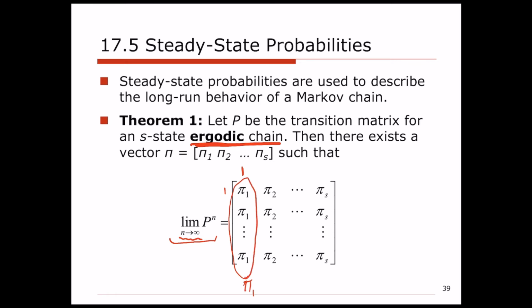If we start from state 1, from state 2, all the way to state s, no matter where we start, in the long run the chance of being in state 1 is pi 1. In the long run the chance of being in state 2 is pi 2, no matter where we start from. So these are the steady state probabilities, and those are the ones we want to calculate. So let's see how we do this.